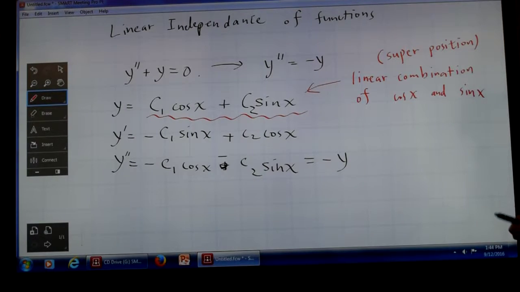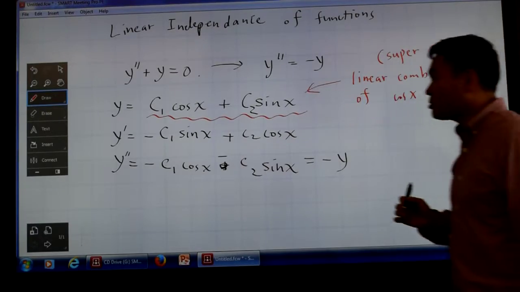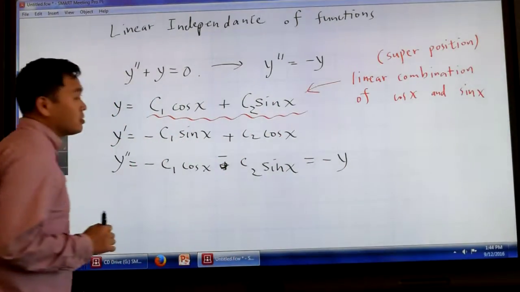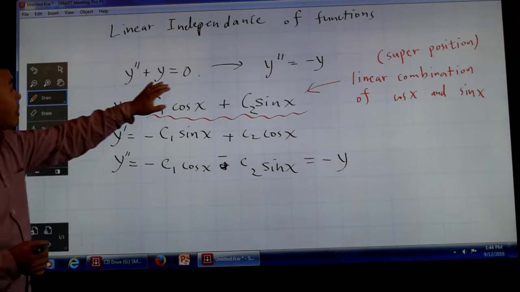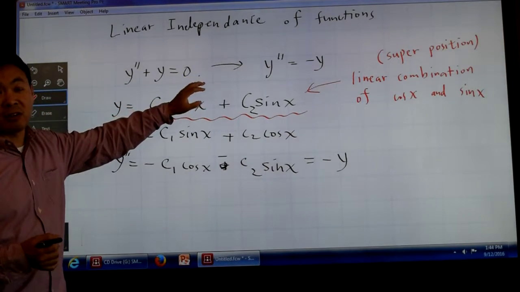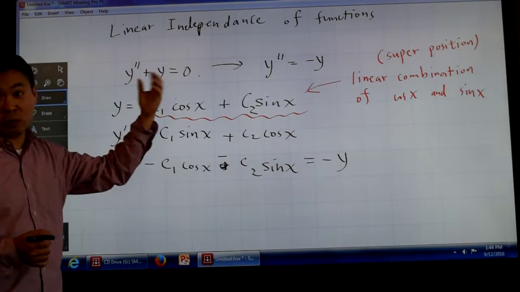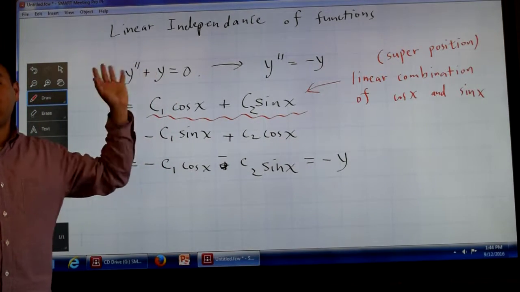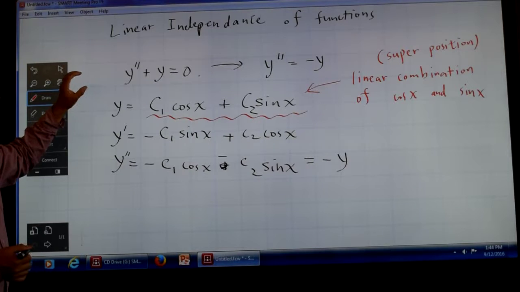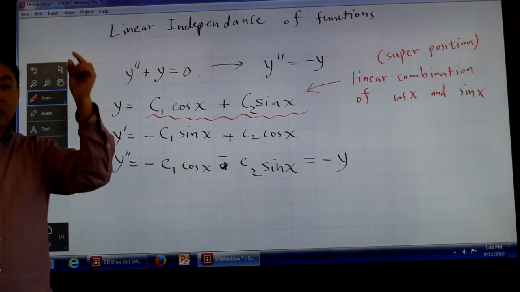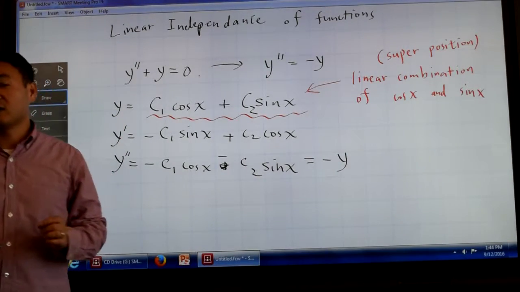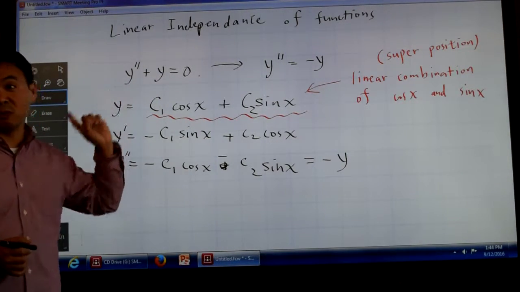And actually, it will turn out that for any homogeneous differential equation, by homogeneous, I mean if you don't have any function of x by itself, any function of x should have y or y prime or y double prime, some y attached. And also, when these y double primes or y's appear, their powers should be 1. And never should these two be multiplied together.